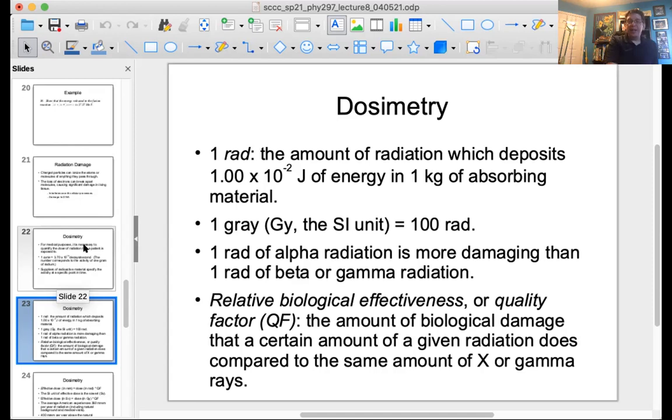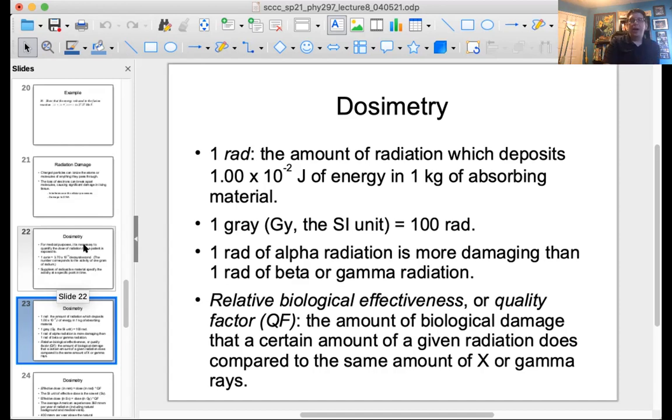The relative biological effectiveness or quality factor is the amount of biological damage that a certain amount of a given radiation does compared to the same amount of X-rays or gamma rays.